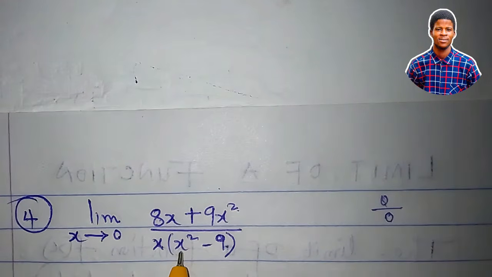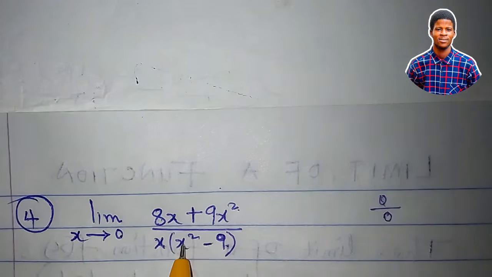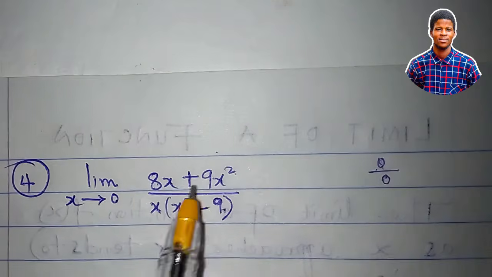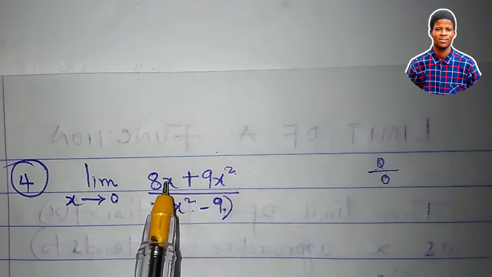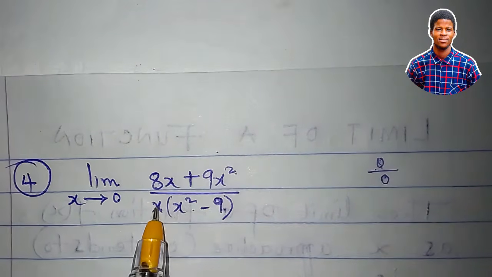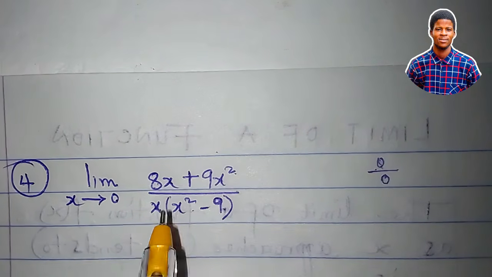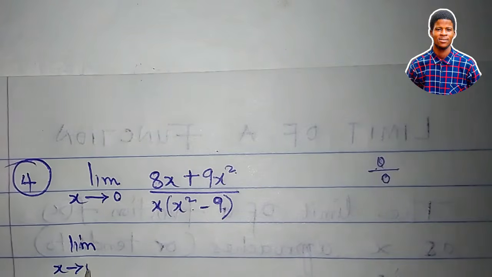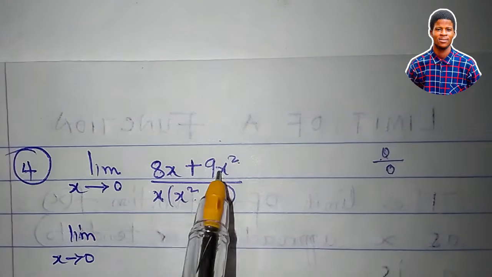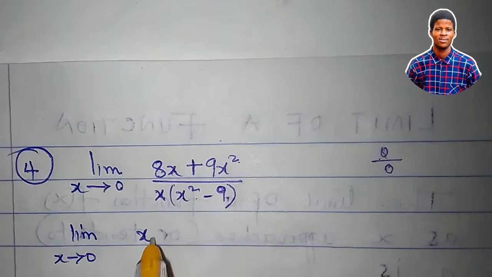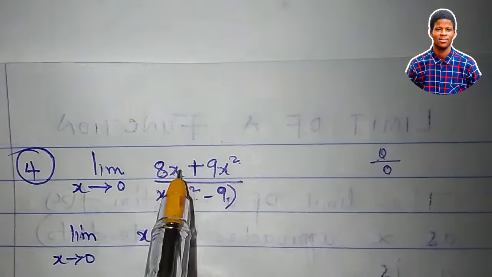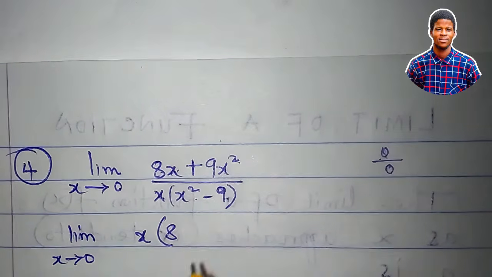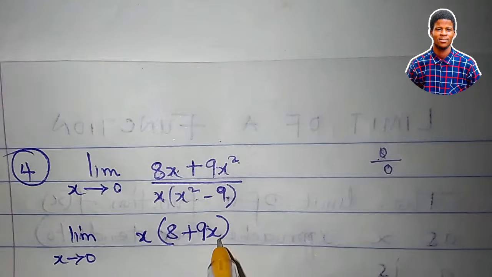So what we'll do now is to simplify this expression further to avoid having a 0 over 0 at the end. Now, if I look very well, I can factor out x here to cancel out this x at the bottom. The limit as x approaches 0 of x is common to these two, so I can bring x out, open a bracket. 8x divided by x is 8. 9x squared divided by x is 9x.